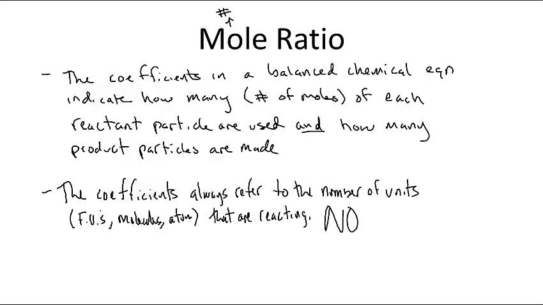Not the mass. It's not the ratio of mass. It's the ratio of number. And that's why being able to convert to moles is so important in chemistry, because it helps us convert between products and reactants.